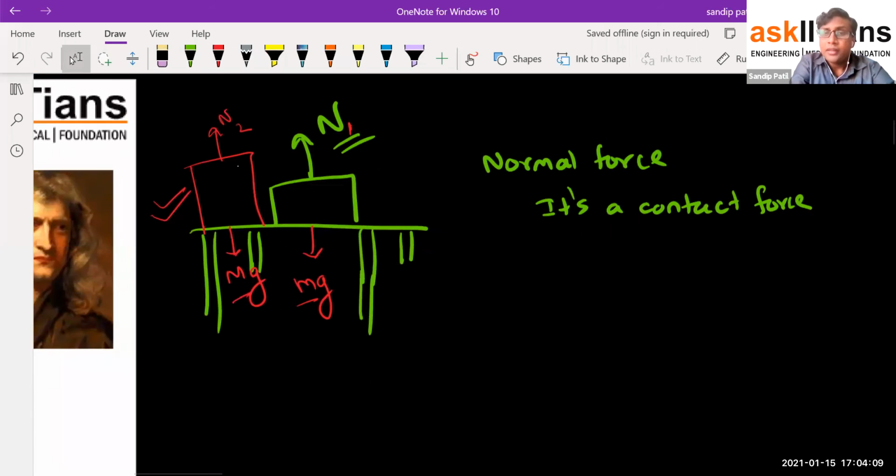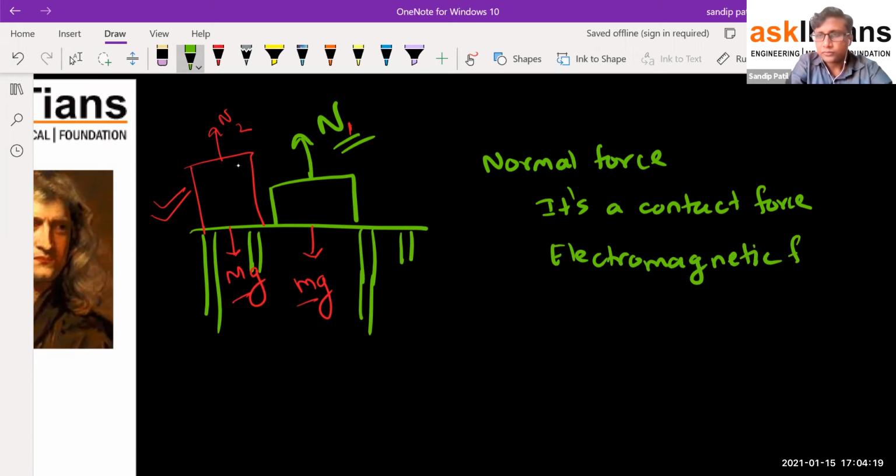Then remember, this is a type of electromagnetic force. Simple. Then what else should you remember? The very important concept which we are going to use throughout 12th and your entrance exams. Remember, the third point is very important.